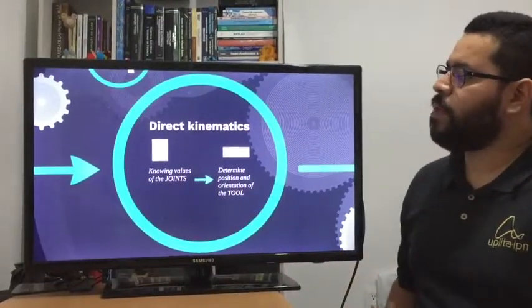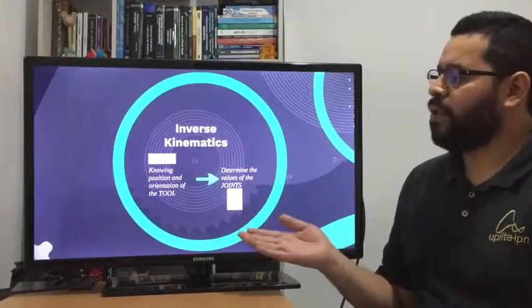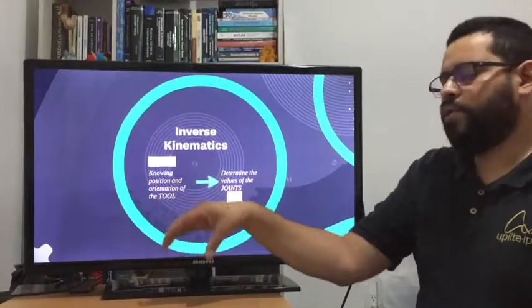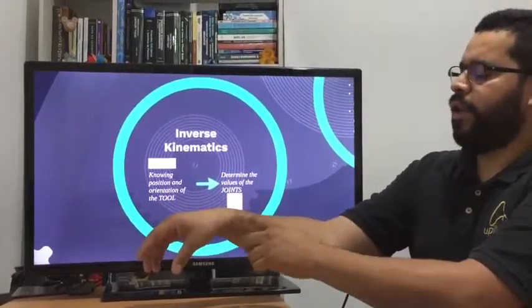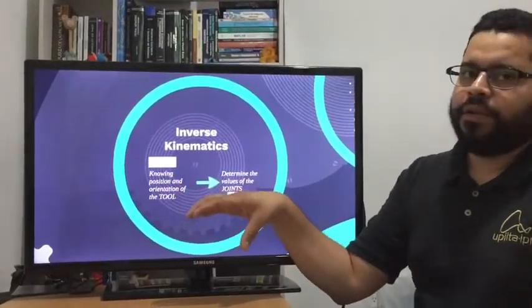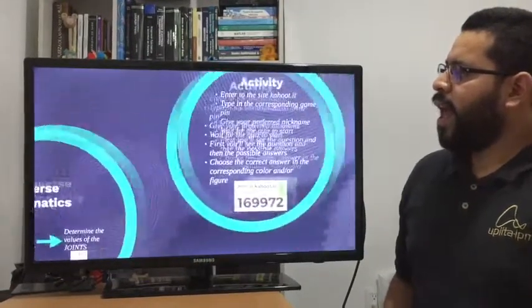That is direct kinematics. Inverse kinematics is exactly the opposite. If I know the position and the orientation of the tool, I should be able to determine which values of the joints produce that position and that orientation of the tool. That is inverse kinematics.